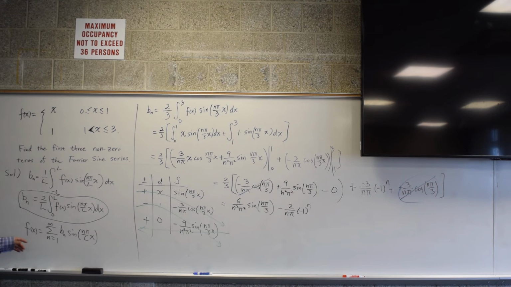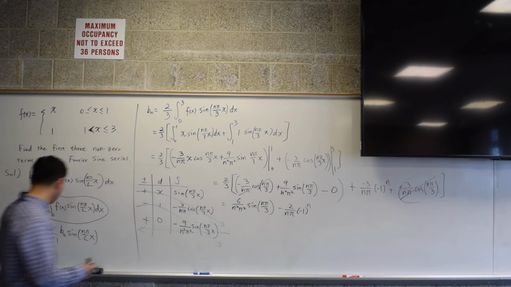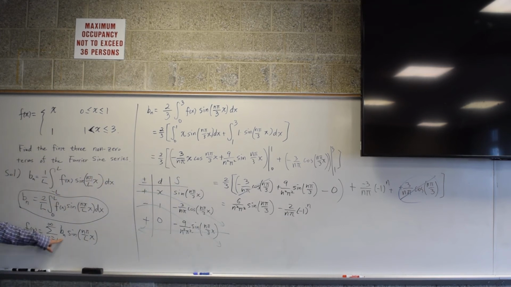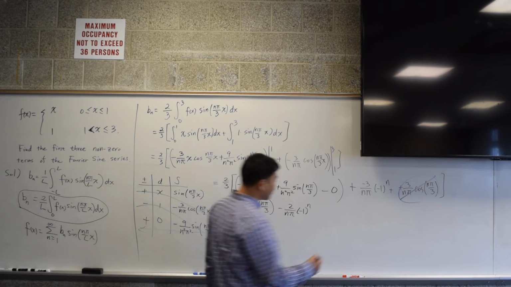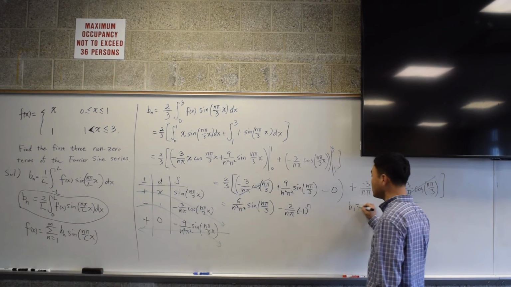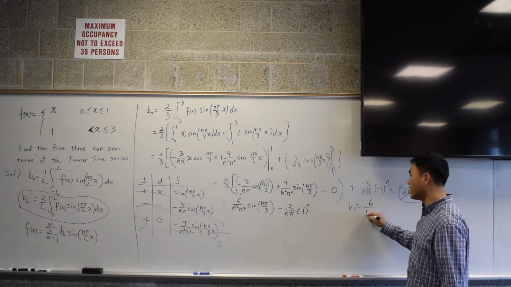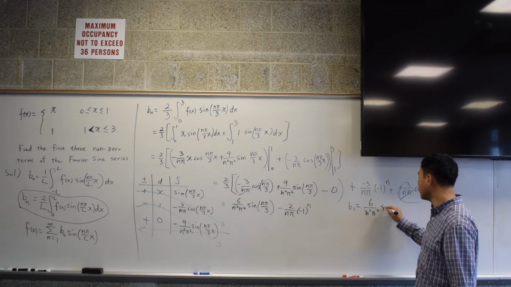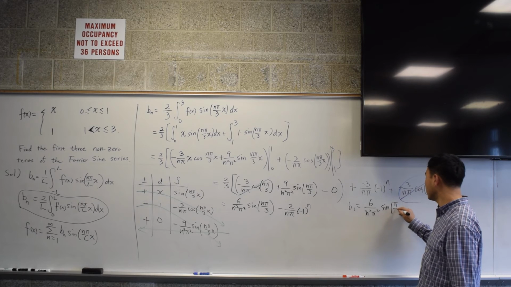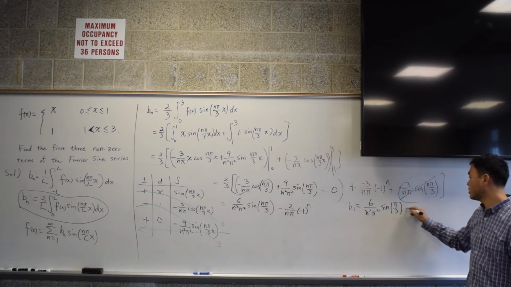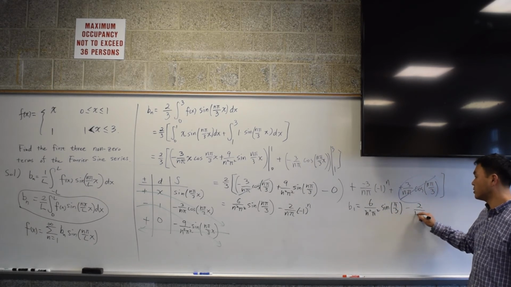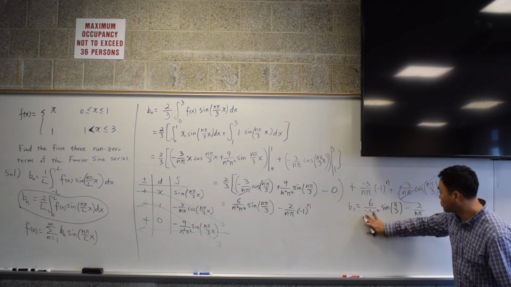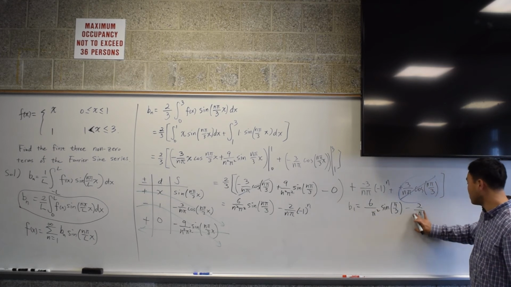Now let's actually write down the first 3 non-zero terms. What is B1? This series starts from n equal to 1, so you have to start with B1. B1 is 6 over n squared pi squared, what's sine of pi over 3? Oh, it's 1 here, so I should be replacing n by 1.